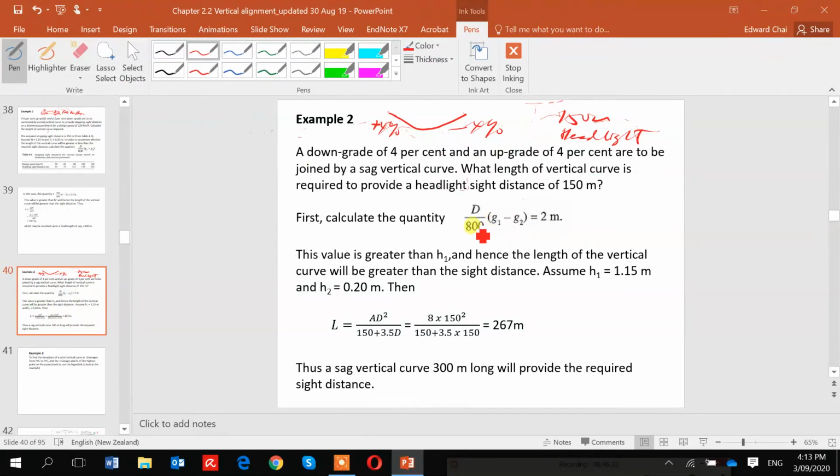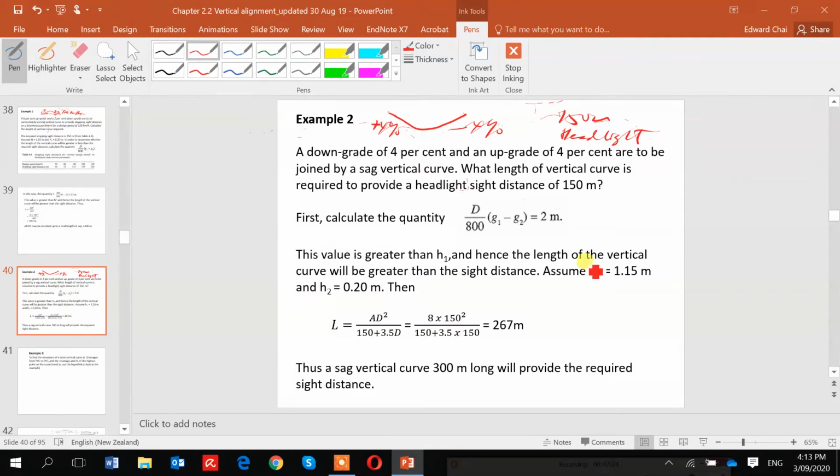So this expression, D over 800, G1 minus G2. D is equal to 150 divided by 800, G1 4 minus 4, so that gives us 2 meter. So the value is greater than H1.